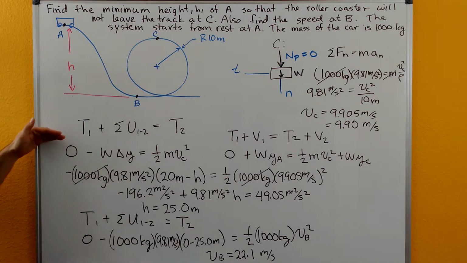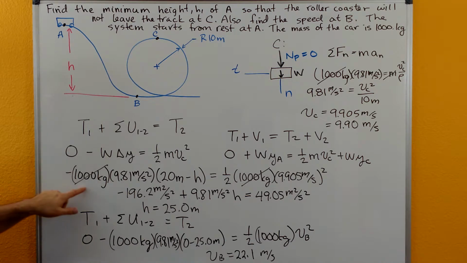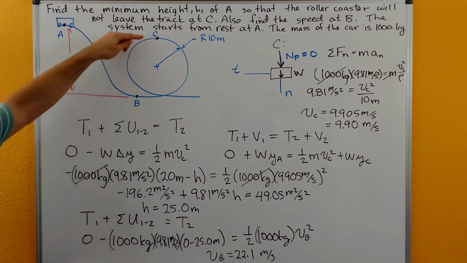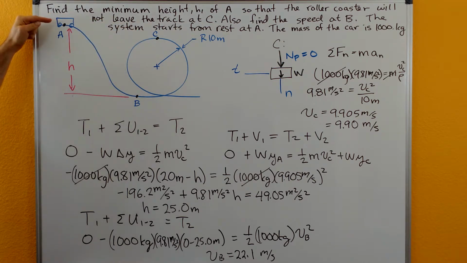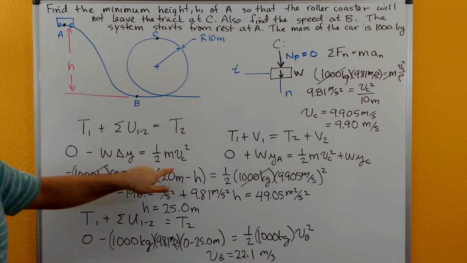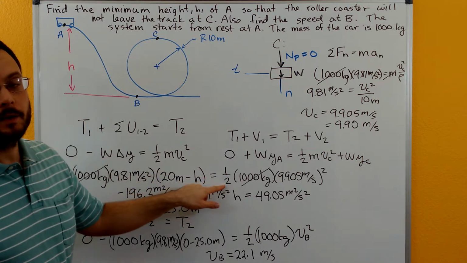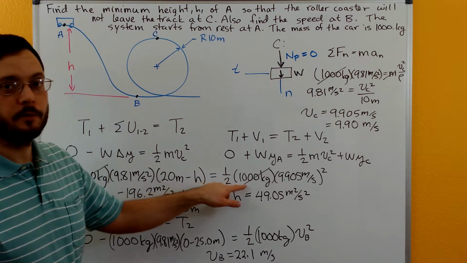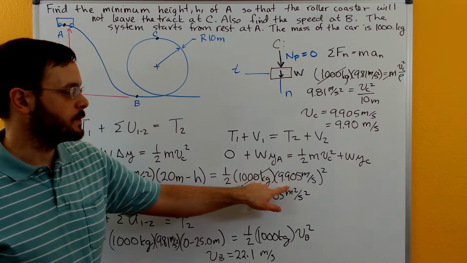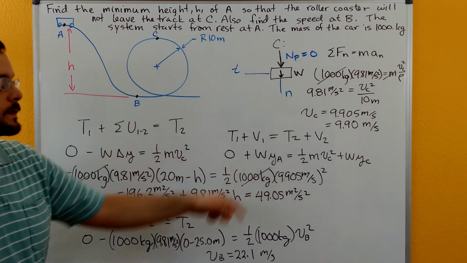Going back to work and energy now and applying all the numbers, our weight is our mass, 1,000, times acceleration due to gravity. We're going to a final height of 20 meters, so it's going to be our final height minus our initial height of h, so there's our 20 meters minus h, and then here's our kinetic energy, 1/2 our mass, 1,000, times our velocity at point C squared.